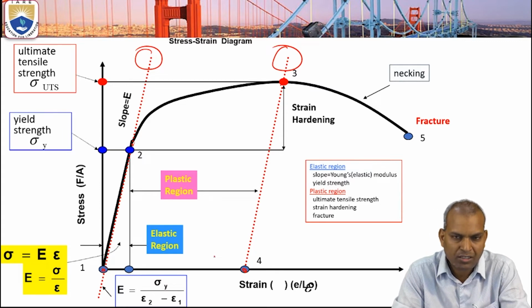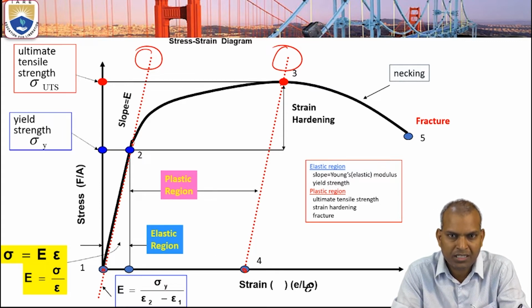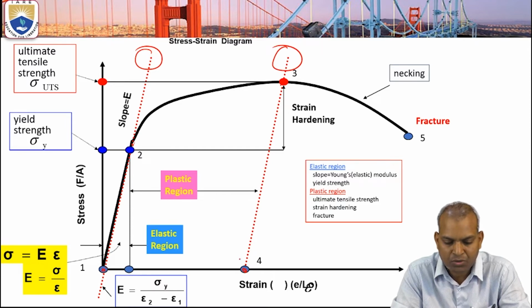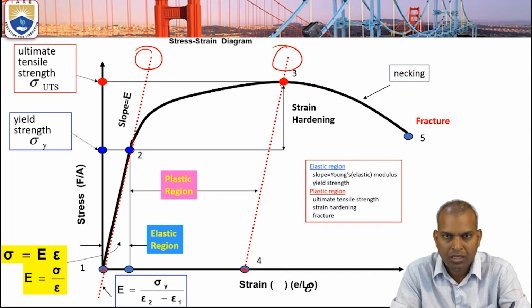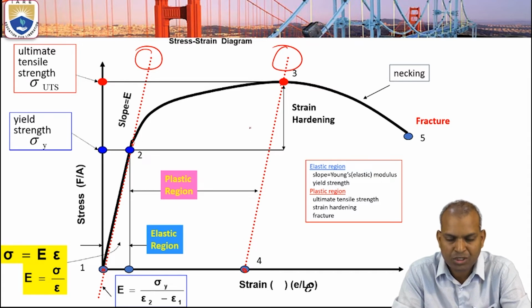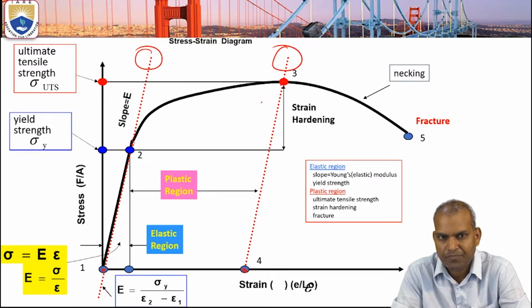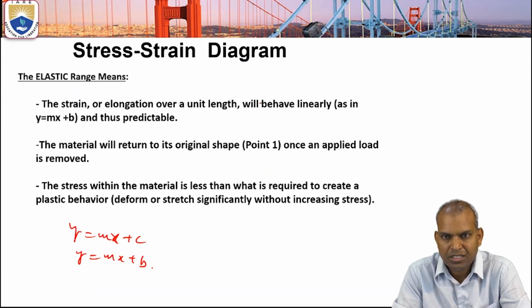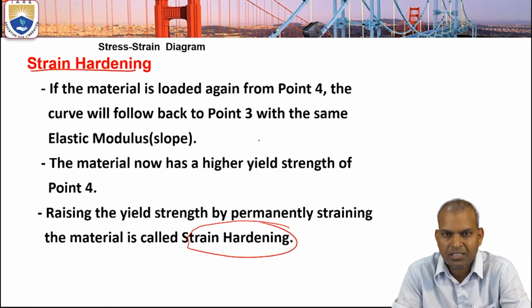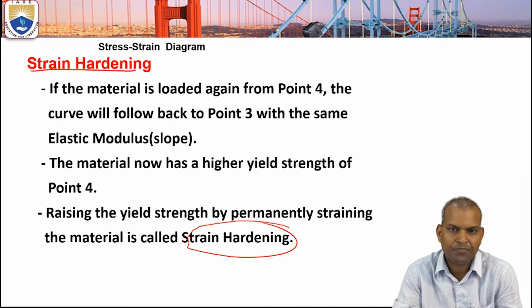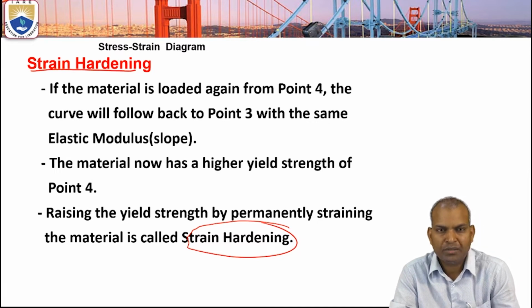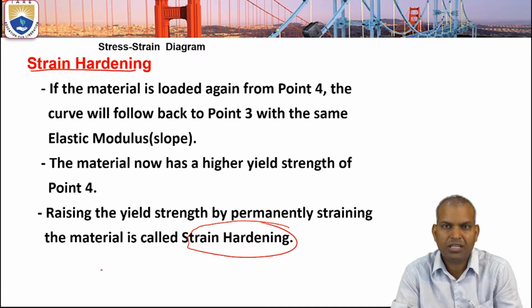But in order to increase the strength of a material, if the material is loaded again, immediately it goes with the same slope as between point 1 to 2, the same elastic modulus, and the strain increases, permanent strain. That phenomenon is known as strain hardening. Raising the yield strength by permanently straining the material is known as strain hardening.